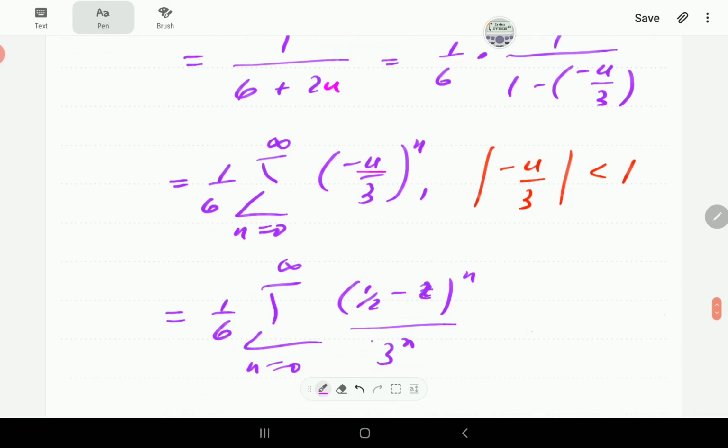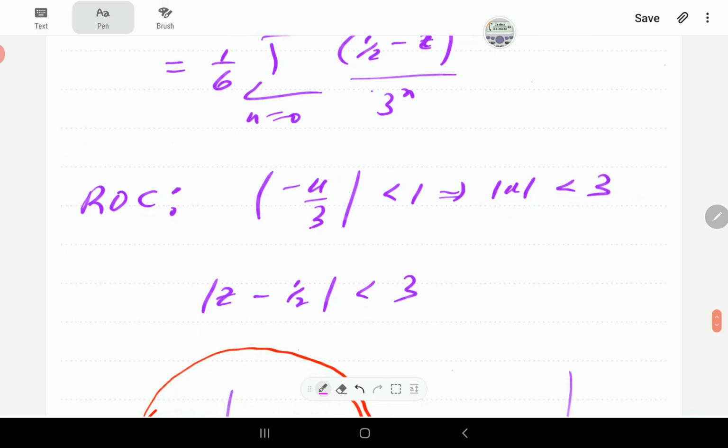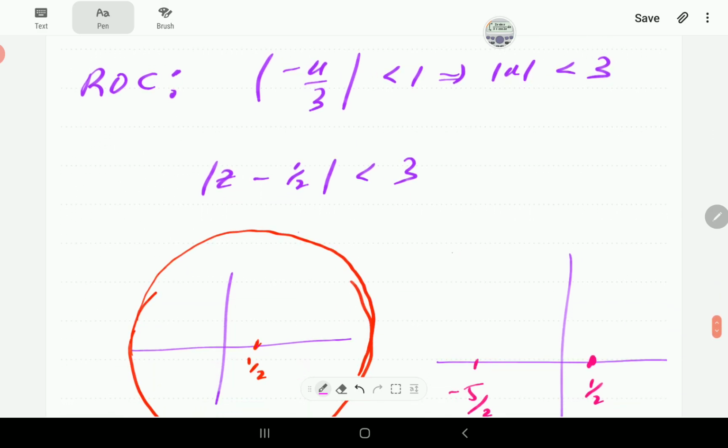The negative half here we've absorbed into the u term, so u is z minus half, so negative u is 1/2 minus z. Then from here the region of convergence is going to be the disk radius 3 centered at the origin in terms of u, and in terms of z this is centered at 1/2. So centered 1/2 here, that radius there is 3.